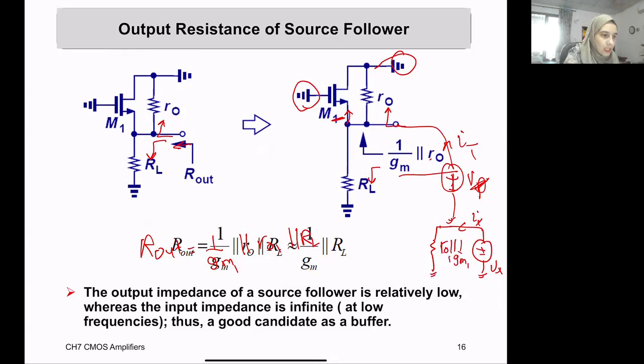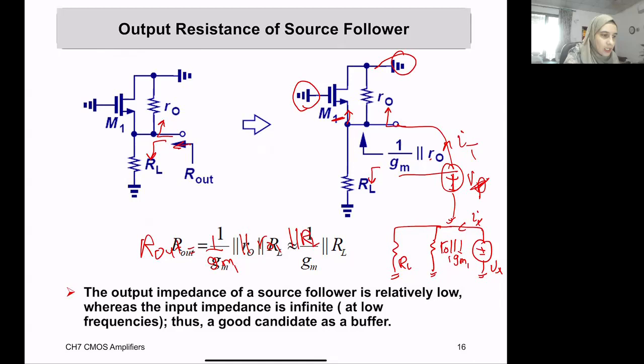You can easily prove from here that Vx over Ix is the entire parallel combination of RL, r_out1 and 1 over gm1. I just did it quickly, seeing what impedance is up, what impedance is down, and their parallel combination is going to be the R out. Is it clear, Tuba, now? Okay, I hope it's clear.